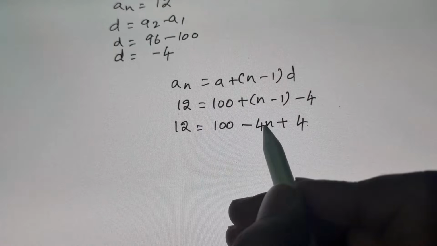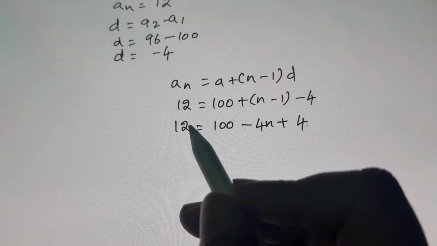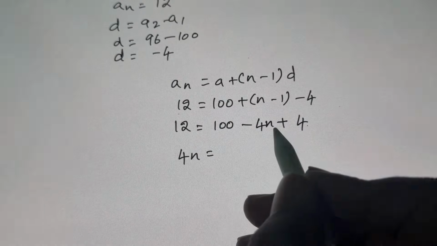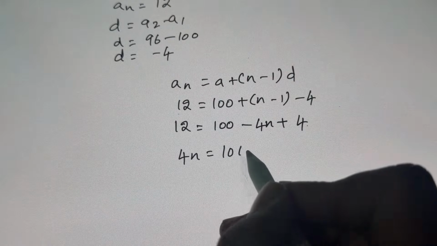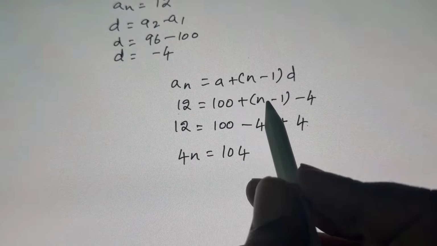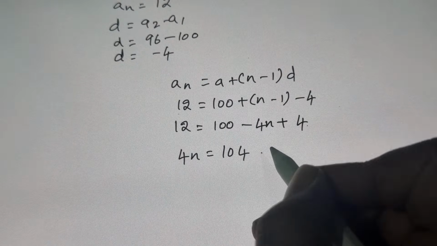Now shift minus 4 to the left side, minus value will become plus. 4n equals 100 plus 4 is 104. Now shift 12 to the right side, plus 12 will become minus 12.